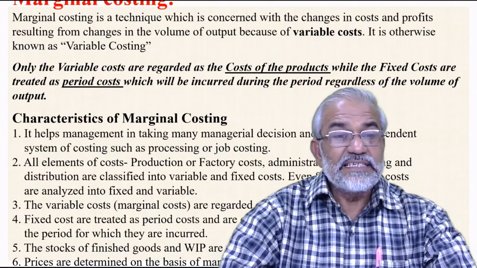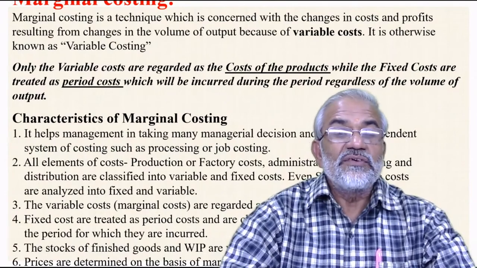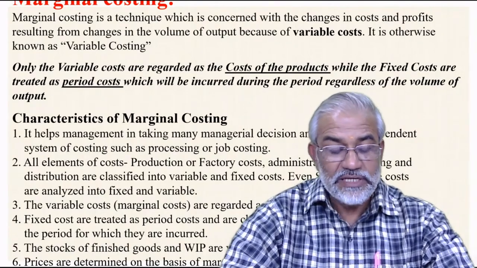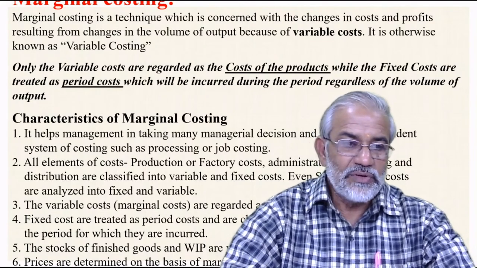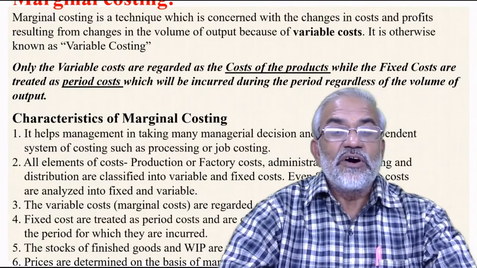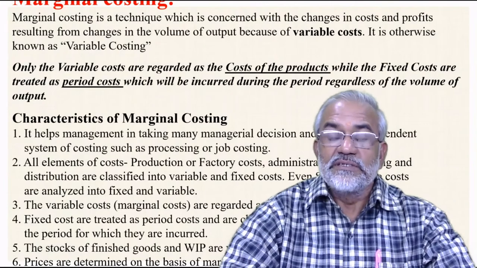The next characteristic of marginal costing is that the stocks of finished goods and work in progress are valued at marginal cost only. Fixed cost has nothing to do with the valuation of that. Then the prices are determined on the basis of marginal cost by adding contribution.